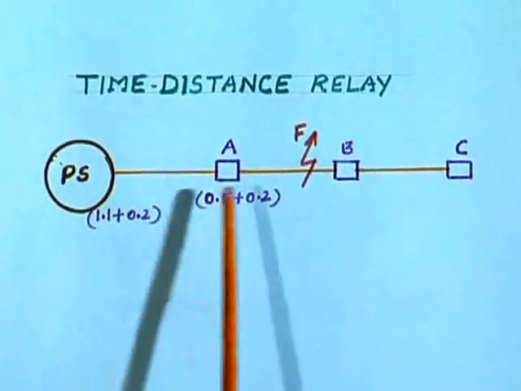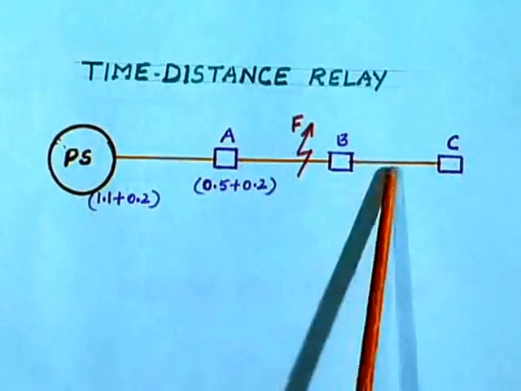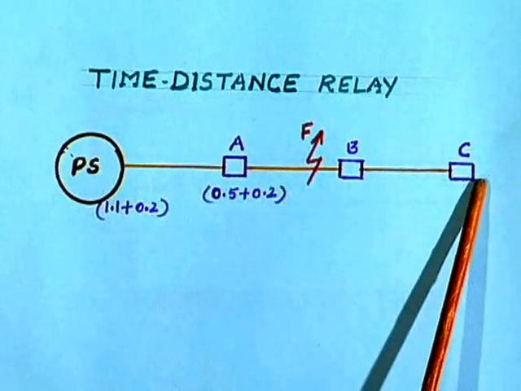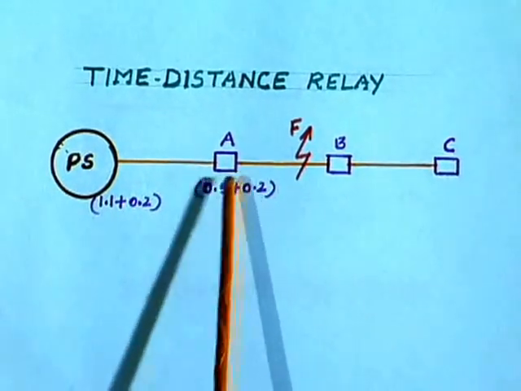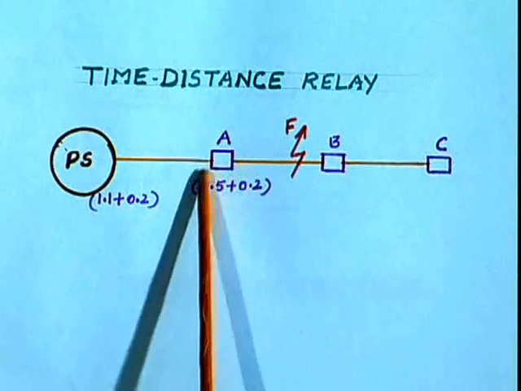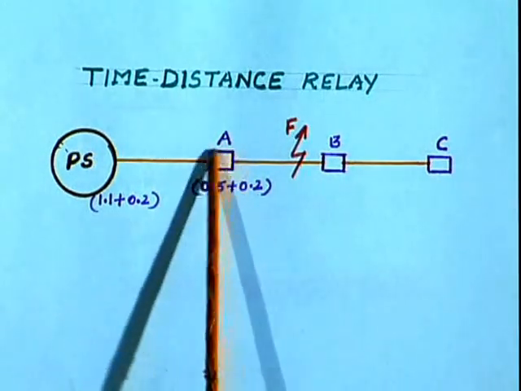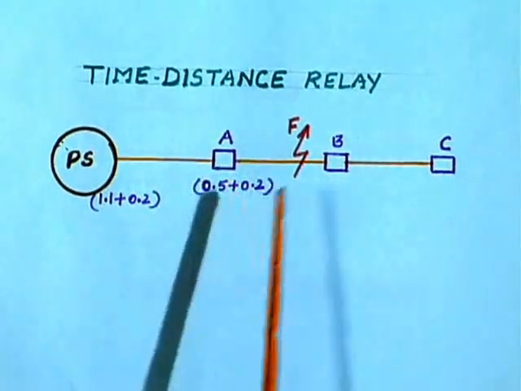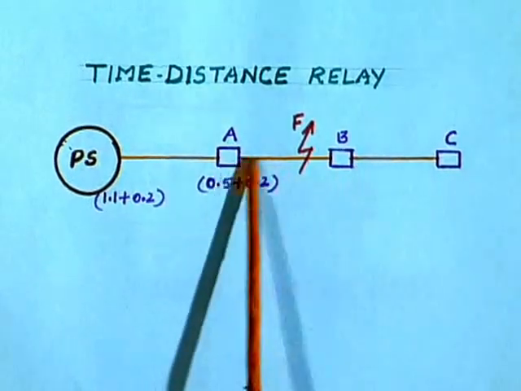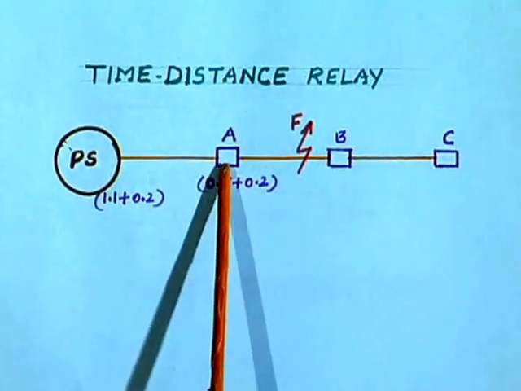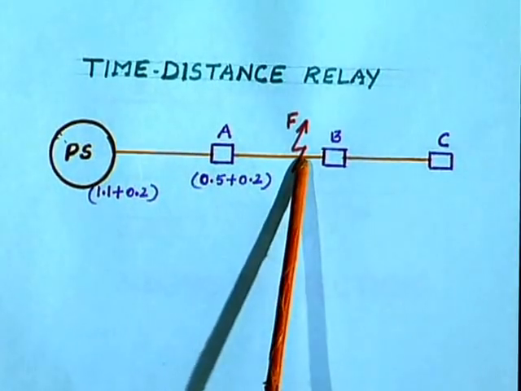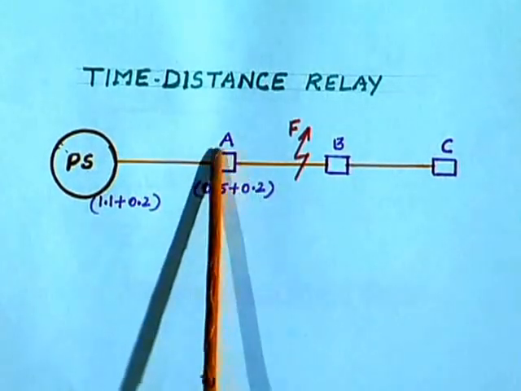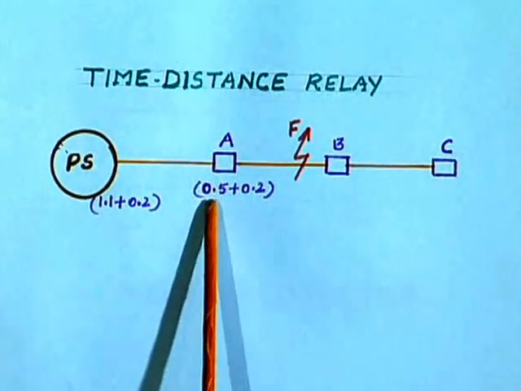So, time distance relay, again the power station is supplying to the different stations A, B, C, and here some time is always mentioned for each relay, that is always fixed with some time delay. So, suppose the fault occurs in section A and B, and the fault impedance will be measured. After measuring, the relay will operate after 0.5 second.